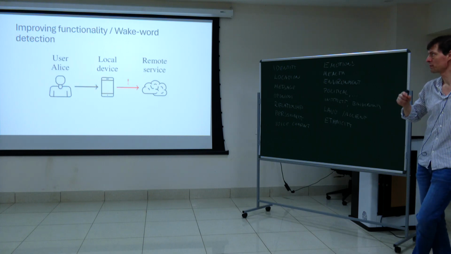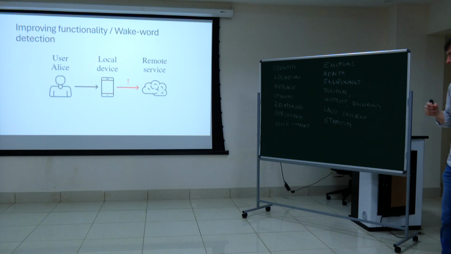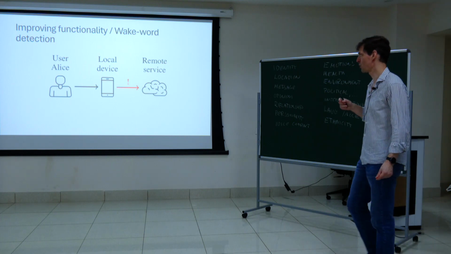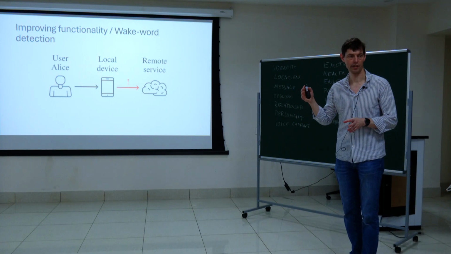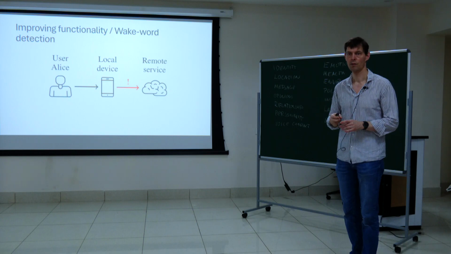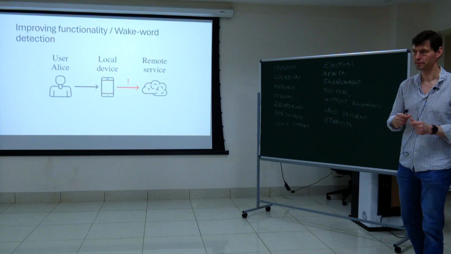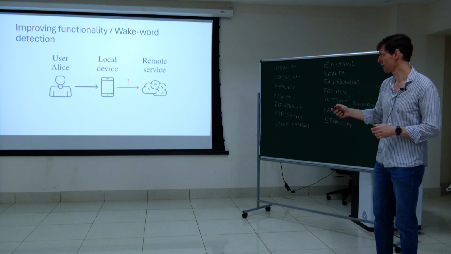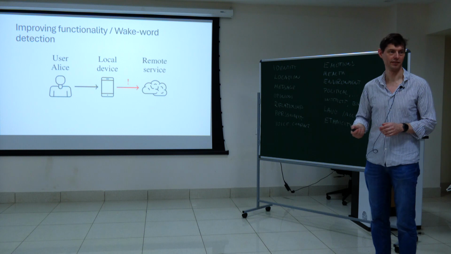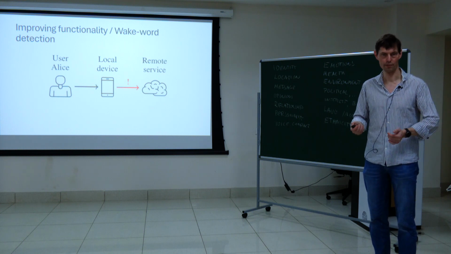Right, but now a bit more practical thing. Improving functionality was mentioned here as a mitigation, but that specifically connects to the dollhouse example. The local device was incorrectly activated to buy a dollhouse.